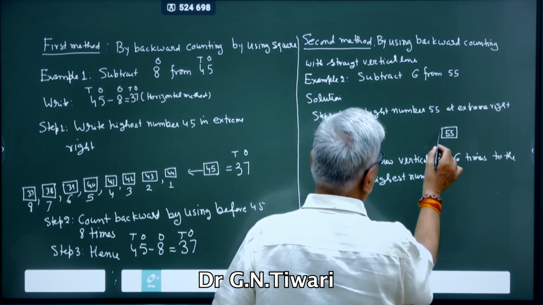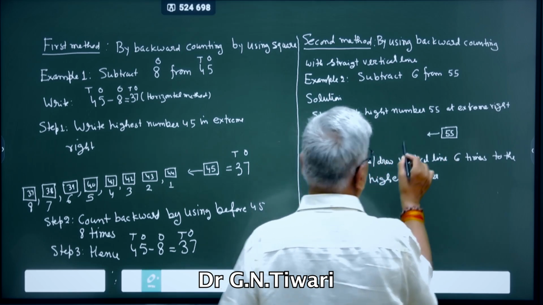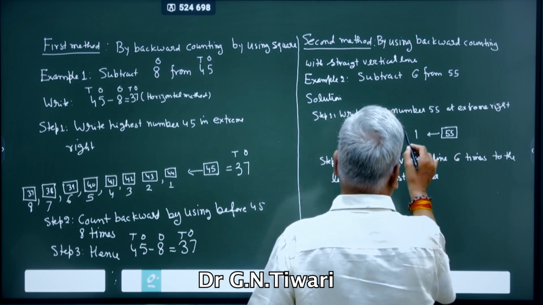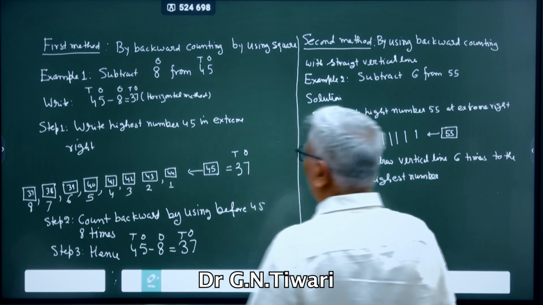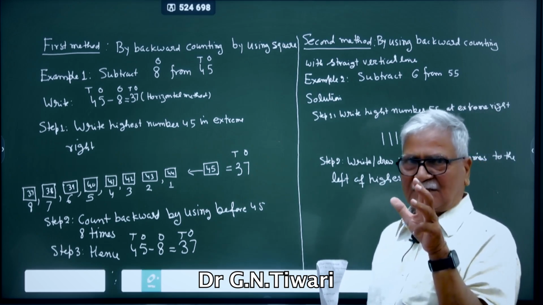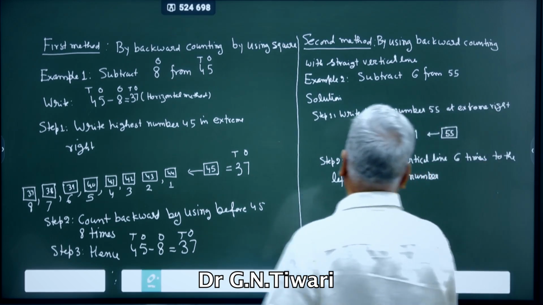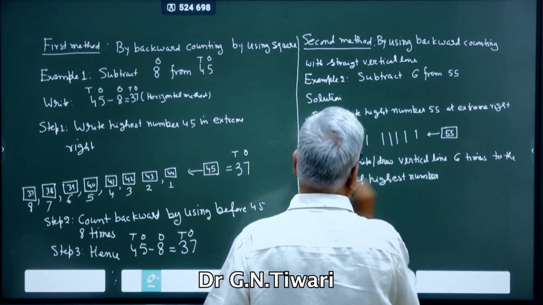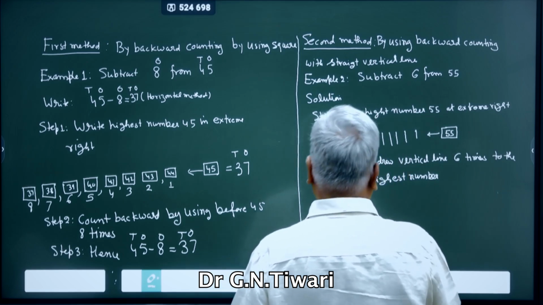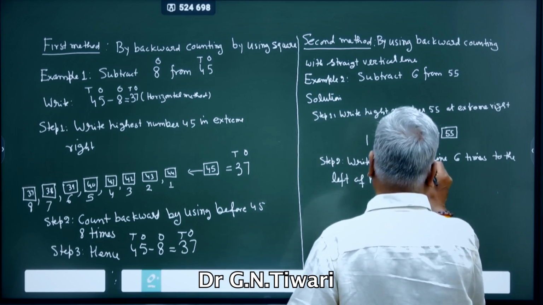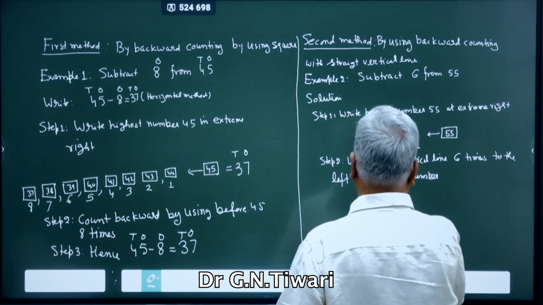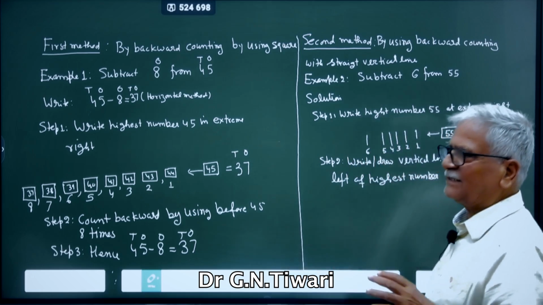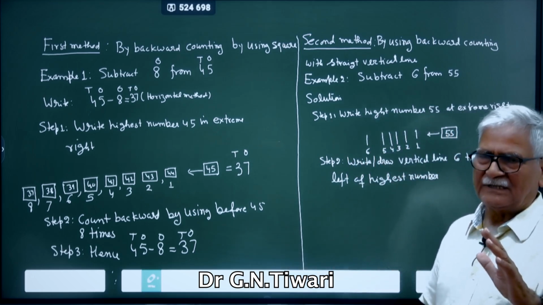Now see what it says here: 6 digits, write the highest number, 1, 2, 3, 4, 5. 5 vertical lines should be written at one place, and with some distance you can start from here 1. So that makes 6. Now count here, 1, 2, 3, 4, 5, 6. This writing is very important for the mediocre students.